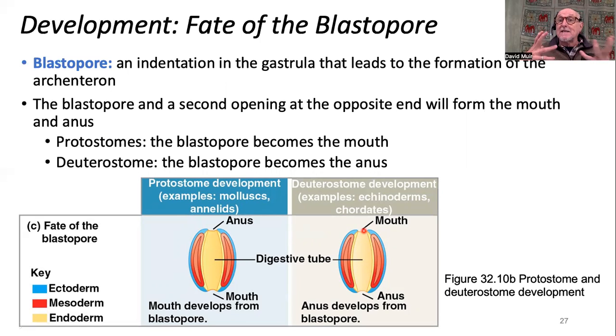It looks, doesn't it, as if the protostomes are a mirror image of the deuterostomes. In fact, that's true in many ways. There's a reflection of this in the fact that all of the protostomes, for example, have a nervous system developing as a result of elaborations of all of these embryonic tissues.